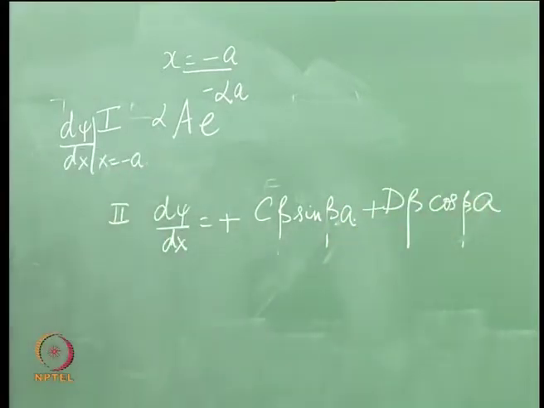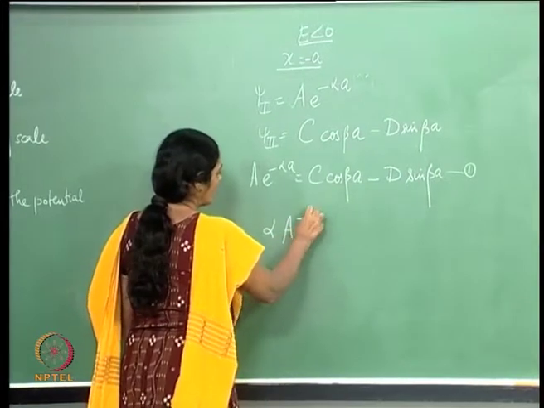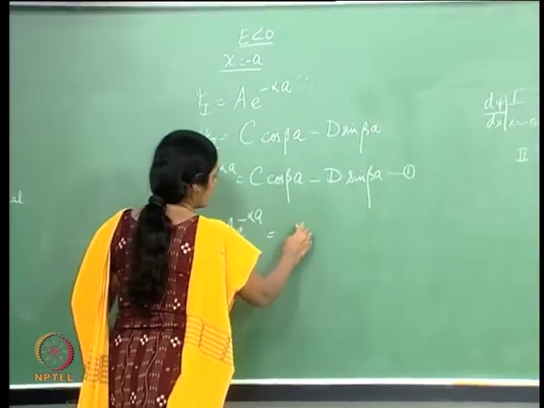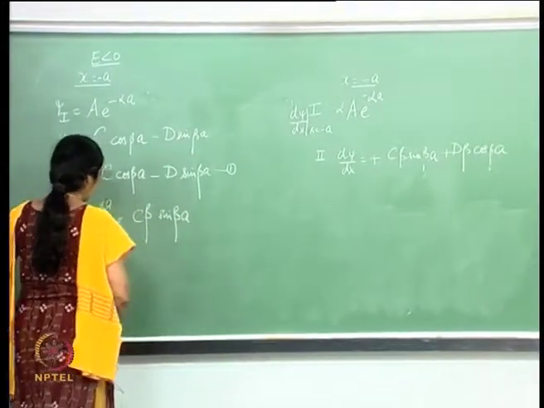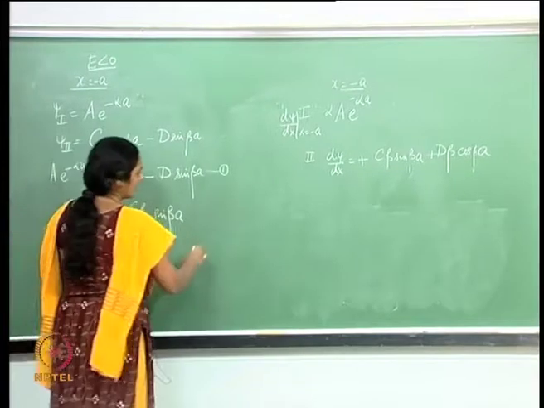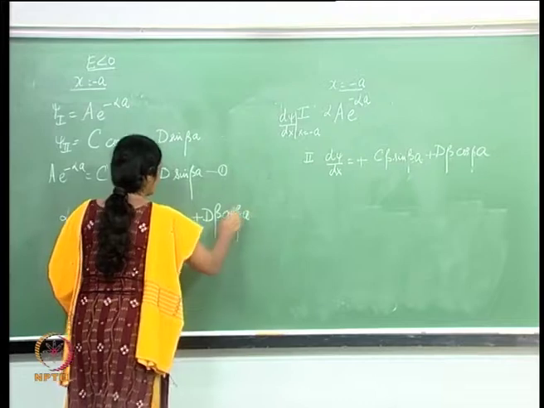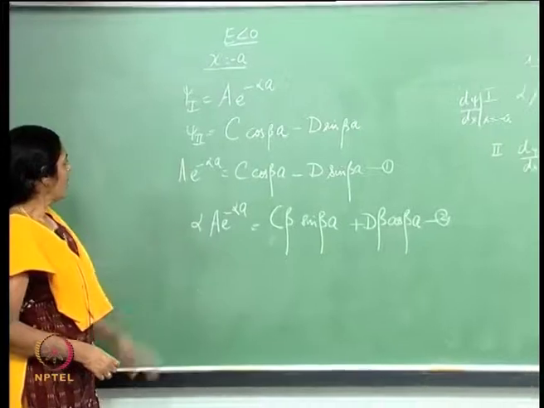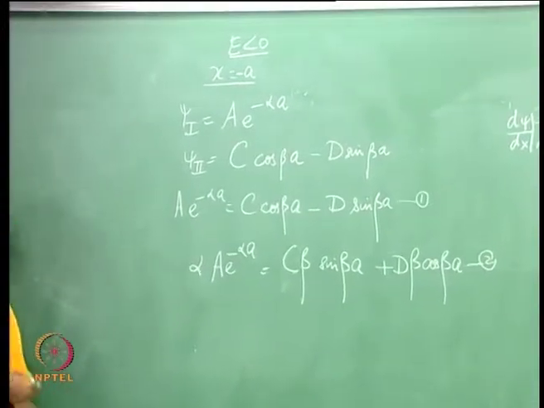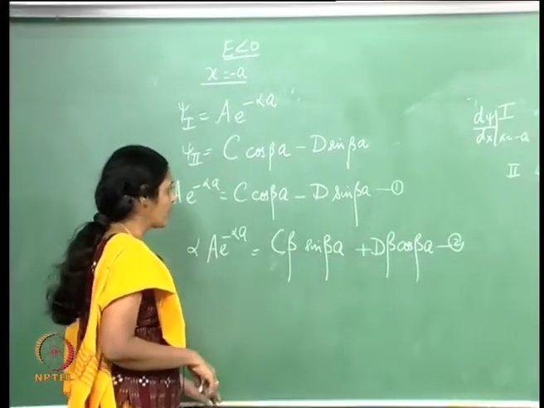Now these two should be equated, and therefore I have alpha A e to the minus alpha a is C beta sin beta a plus D beta cos beta a. So this is my second equation. The first came out of matching the wave function. The second equation came out of matching the first derivatives at x equals minus a.